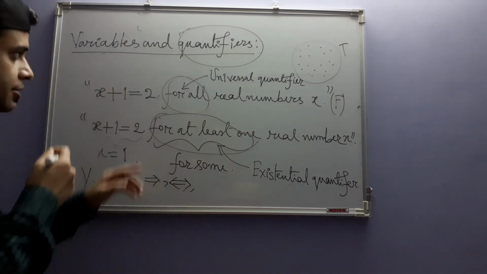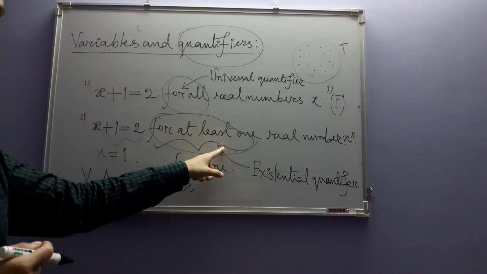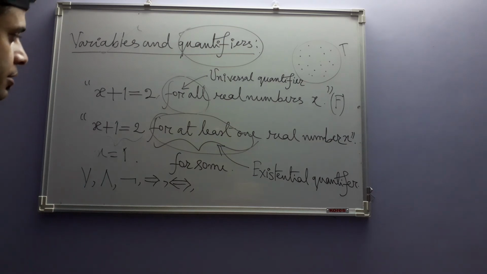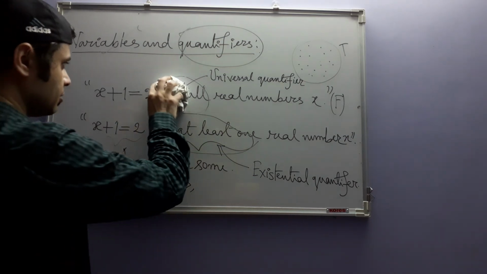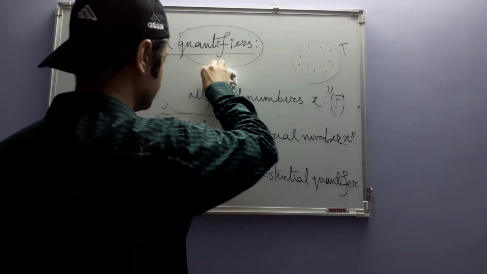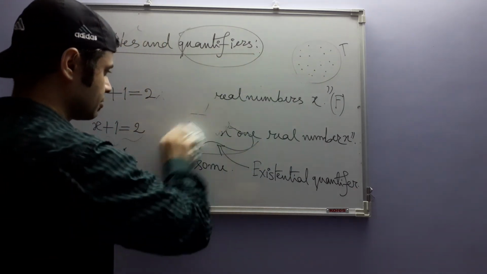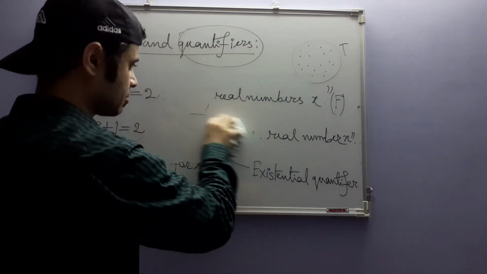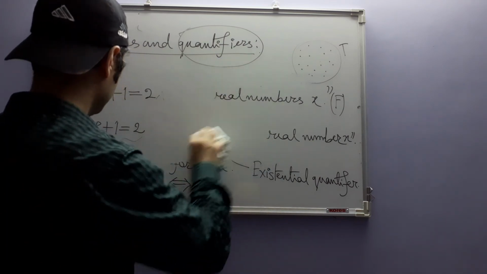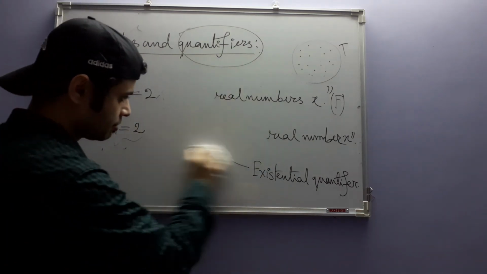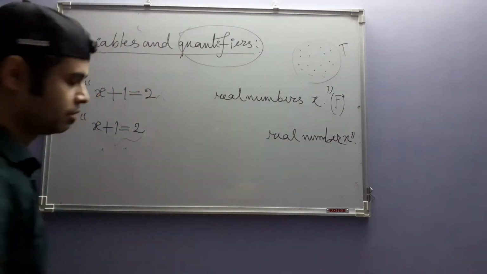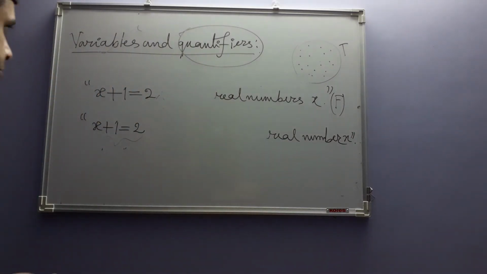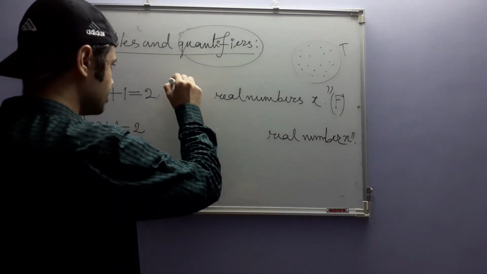There are symbols to denote these quantifiers too. So instead of writing these words, we can write using symbols. For all is written like this.